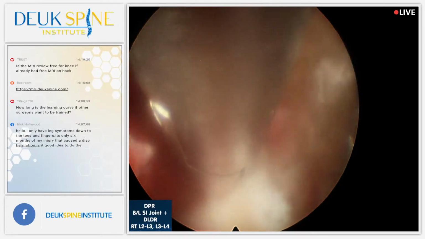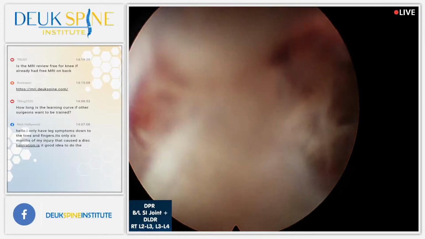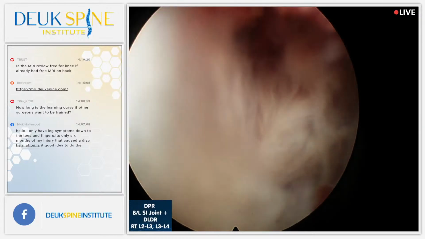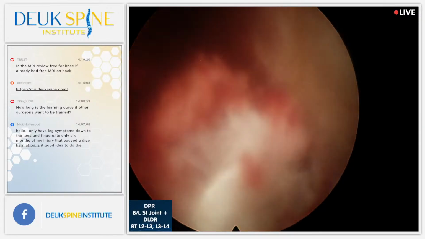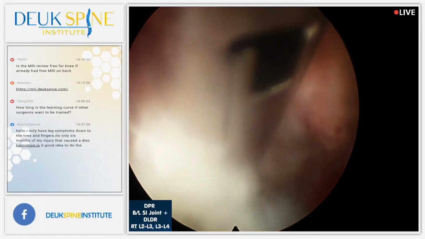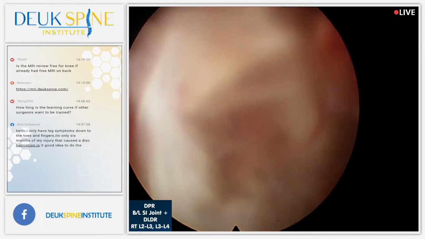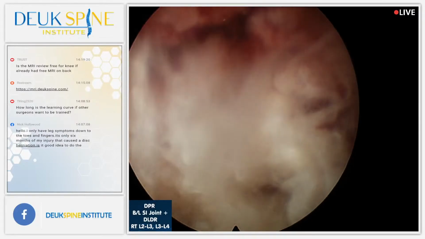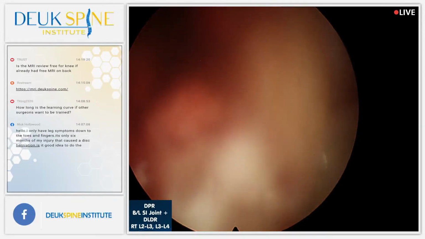So let me explain what Trust is asking. Some people know that Duke Spine Institute now offers an alternative to a knee replacement, and a lot of people suffer with knee pain, and they're told they need a knee replacement.